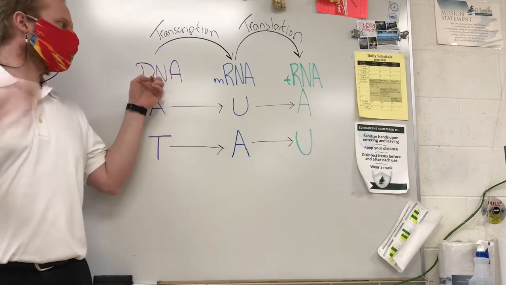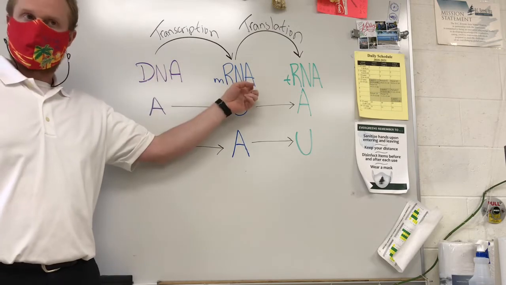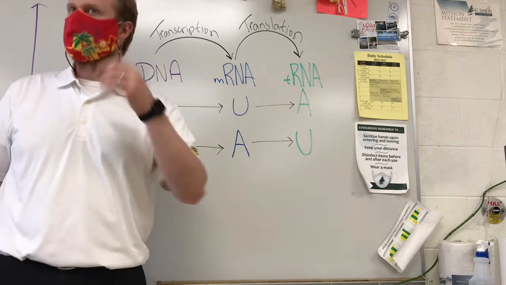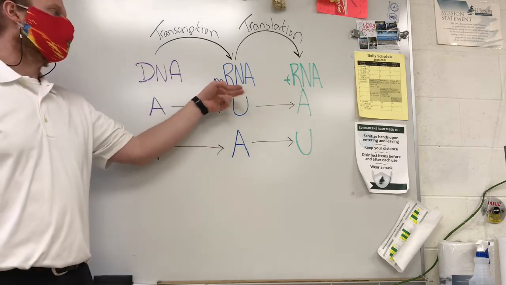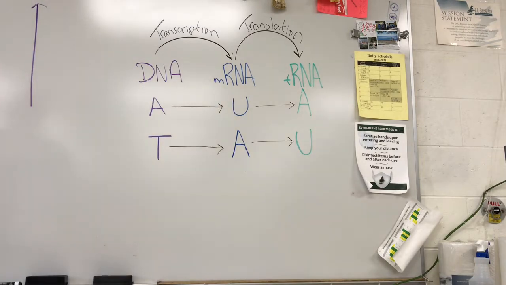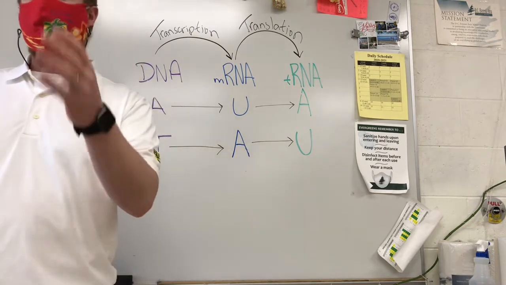So you make a copy. That copy is mRNA. It's a copy of the recipe. It's not the original. So you take that copy, in the form of mRNA, to your house, which is where you are going to assemble the ingredients and make the cookie.